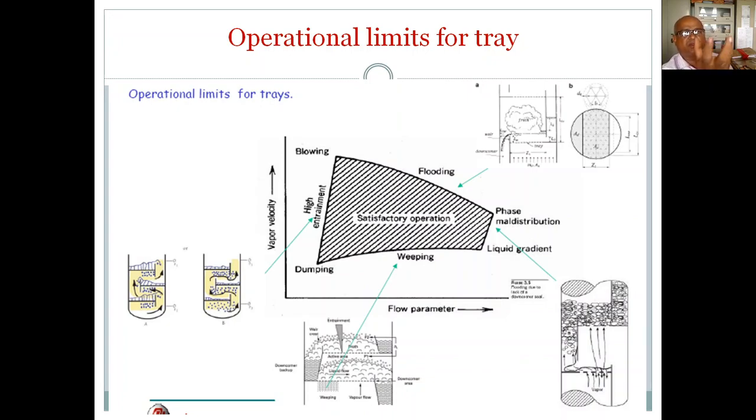So liquid will start moving upward instead of going down, and slowly the whole column will be flooded. These are the limits, the phase margin and liquid.